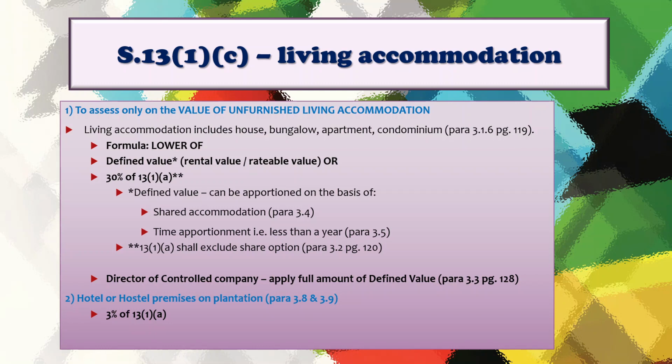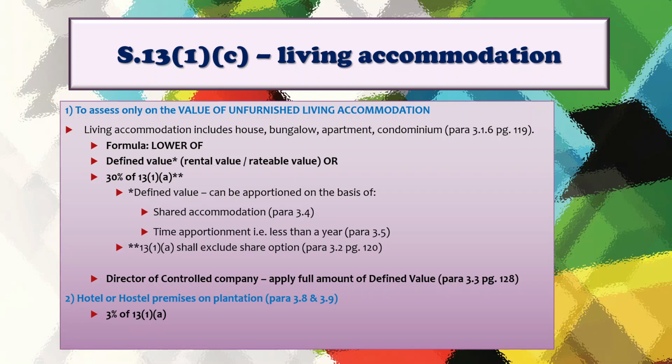Sometimes the employer also allows you to stay in a hotel or hostel. In this case, for a hotel, it's a straightforward computation. If you are given a hotel, just ignore whatever other information is given.